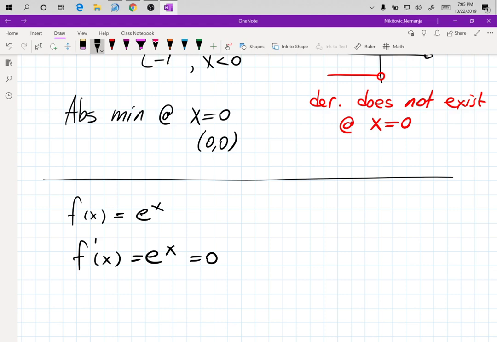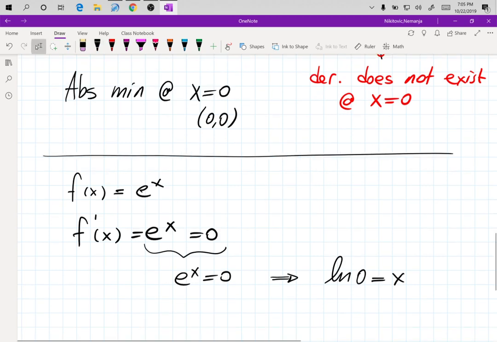No, log of 0 doesn't exist. Log of 0 is negative infinity. So now we have an exponential equation to solve, e to the x equals 0. Last class we talked about logs, so you can convert this into ln of 0 equals x, and this over here does not exist.